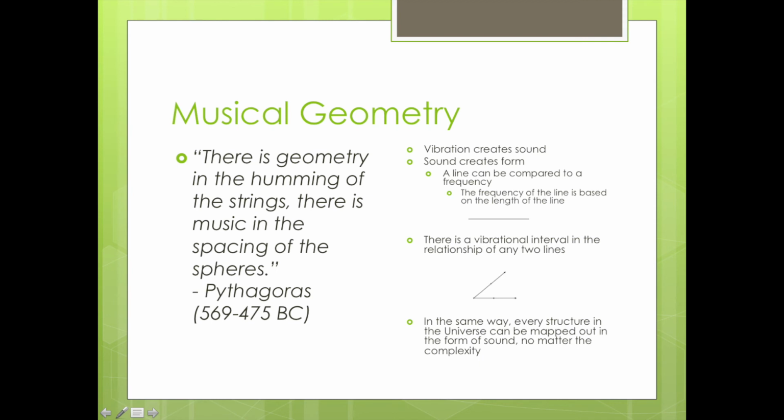Now, this example may not be exact in a physics sense, but the idea is present in this explanation. Every vibration has a corresponding shape and vice versa, because music is a system of relationships, these being the harmonic intervals between notes and the combination of these intervals in creating melodies.